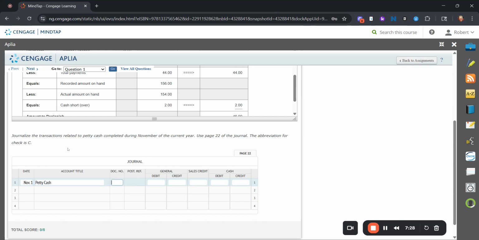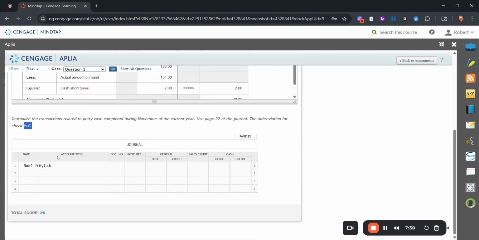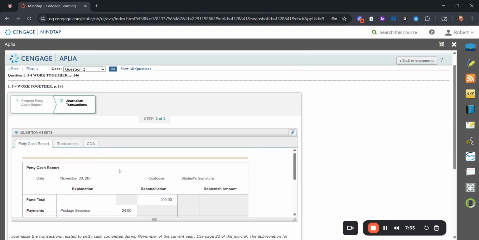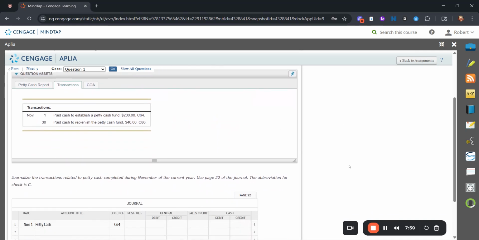Document number. C for check. C64. Transactions. So paid cash for petty cash in the fund, C64. Now the 30th, paid cash to replenish petty cash, $46.